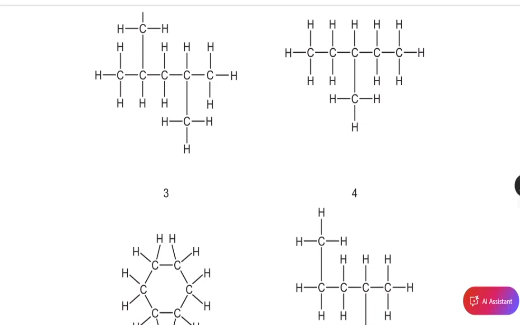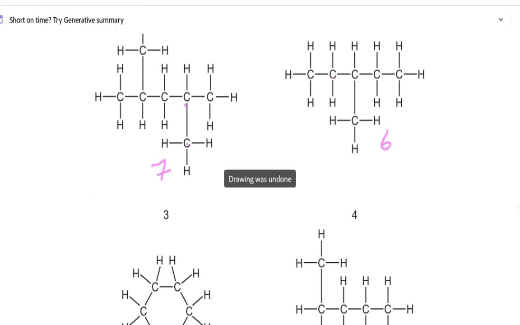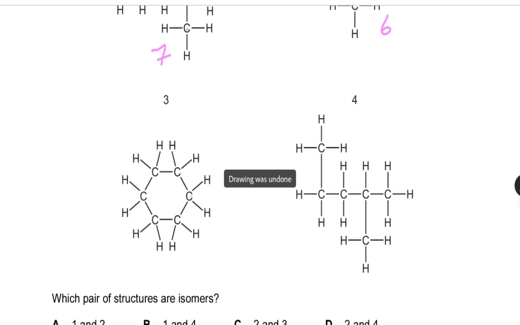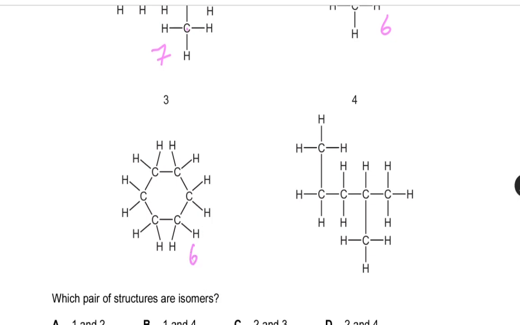First we will calculate how many carbon atoms there are. 1, 2, 3, 4, 5, 6, 7: 7 carbon atoms here. 1, 2, 3, 4, 5, 6: 6 carbon atoms here. Now come towards here: 7 and 6. Now 1, 2, 3, 4, 5, 6 are here and 1, 2, 3, 4, 5, 6 are here.